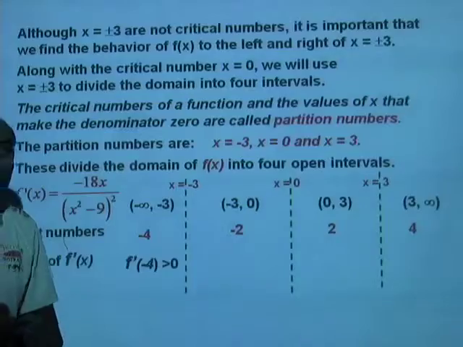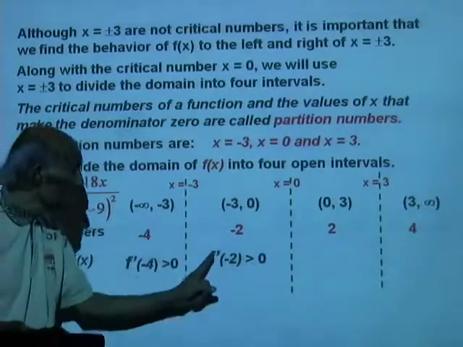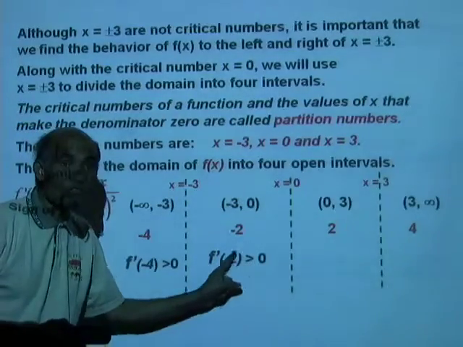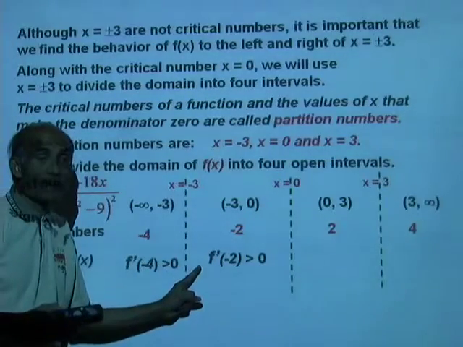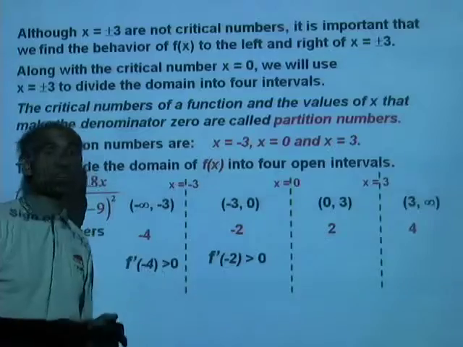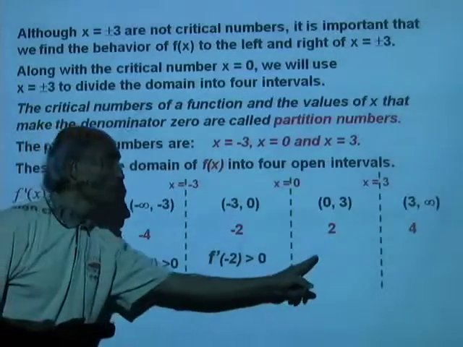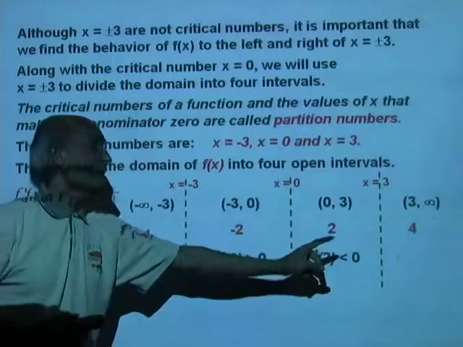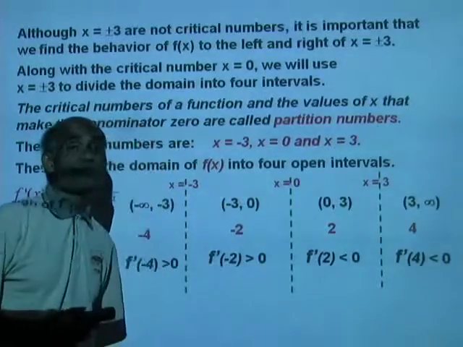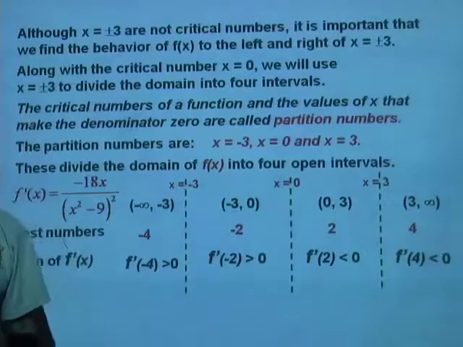And at x equal to -2, also it is positive. So f prime of -4 is greater than 0. F prime of -2 also is greater than 0. How about f prime of 2? It is negative. And f prime of 4 is also negative.